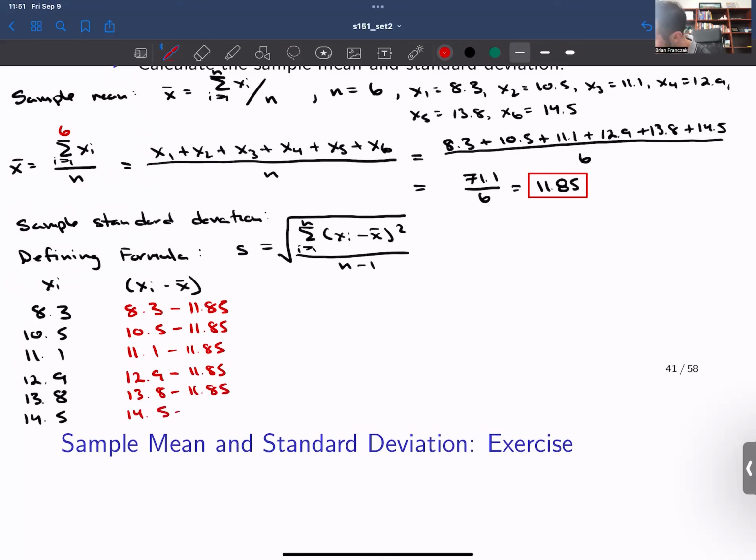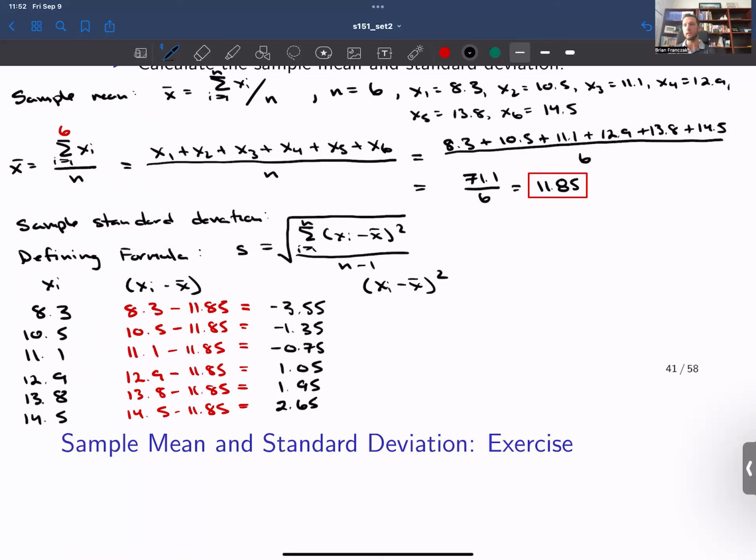And in the last row, 14.5 minus 11.85. This will give us the difference between each observation and the mean, which results in negative 3.55, negative 1.35, negative 0.75, 1.05, 1.95, and 2.65.